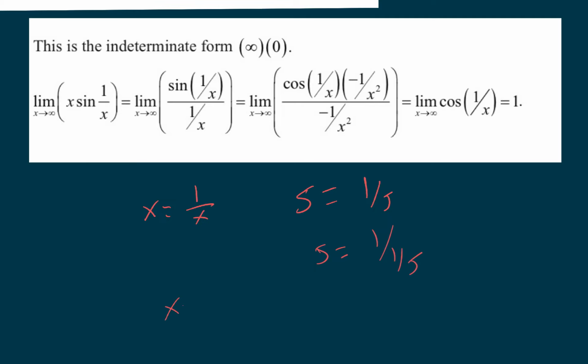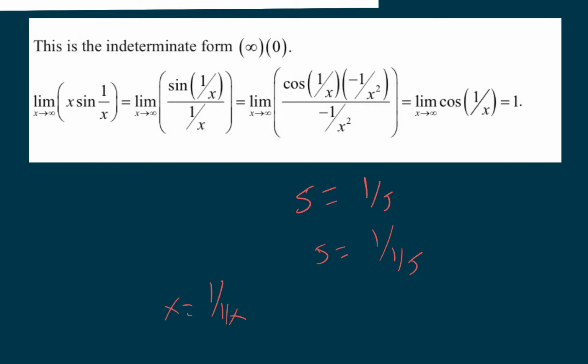So x is equal to 1 divided by 1 divided by x. So let me erase here, not to confuse you. We write this x as 1 divided by 1 divided by x. So the 1 is here, divided by 1 divided by x.